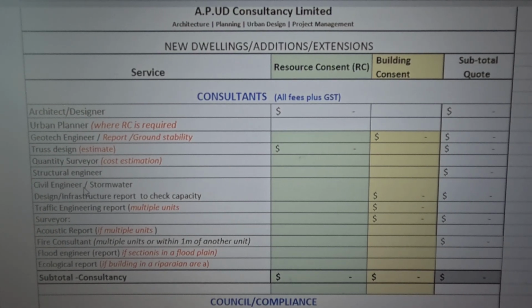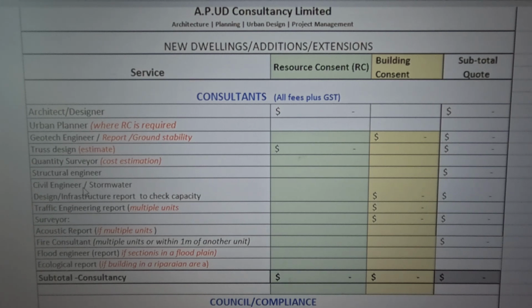We start with, council will always ask you for an infrastructure report. So you're going to need a civil engineer to provide an infrastructure report. An infrastructure report is a report that shows council that the proposal you're doing, say you want to do 3 townhouses or 4 townhouses or 5, 6, 7 townhouses, multi-unit construction, will tell council that the infrastructure available on site either is adequate or it needs upgrading, right?